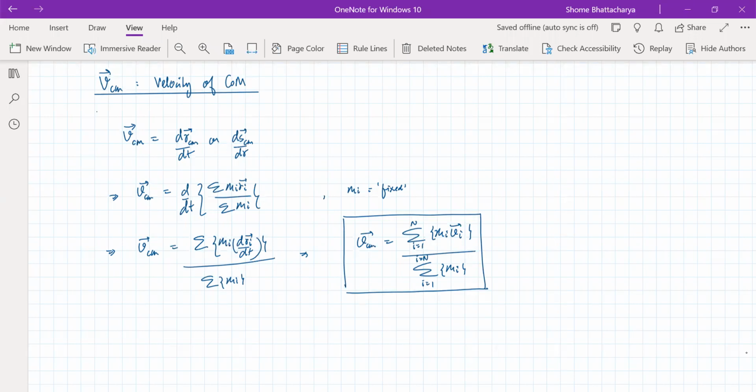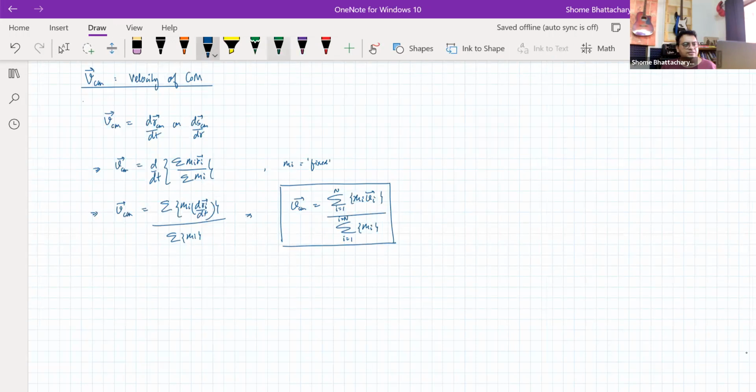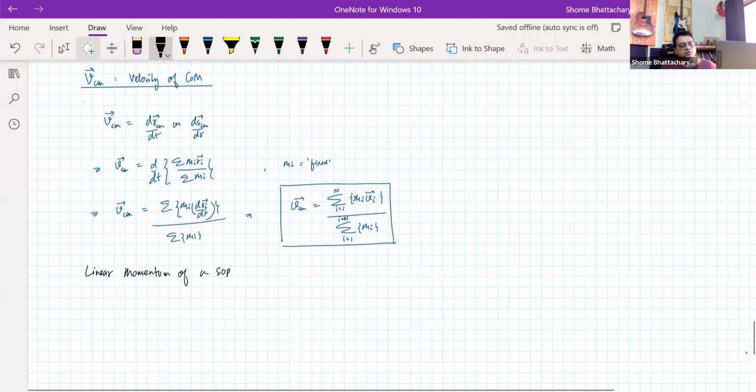Now, this definition of velocity of center of mass has a larger implication in terms of the next thing we'll define, which is linear momentum of a system. We have seen that an individual particle's linear momentum is defined as mass into instantaneous velocity.